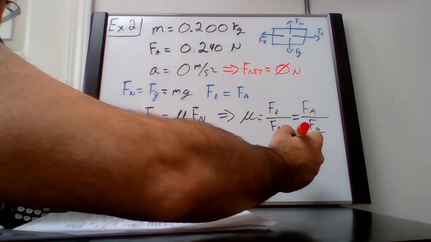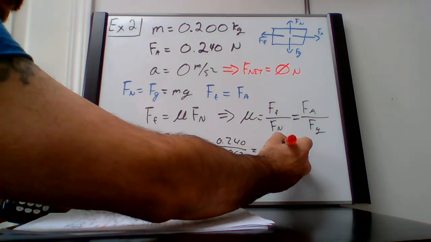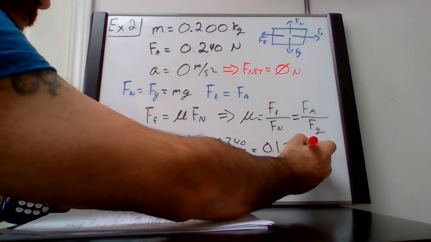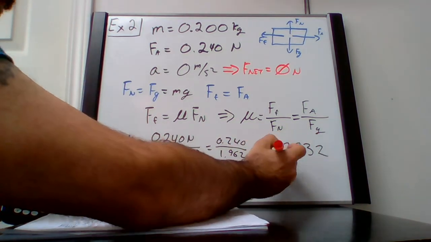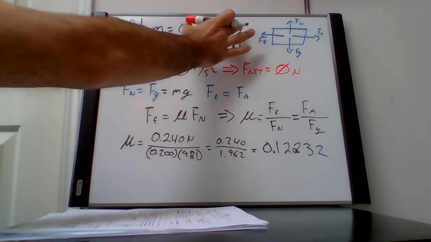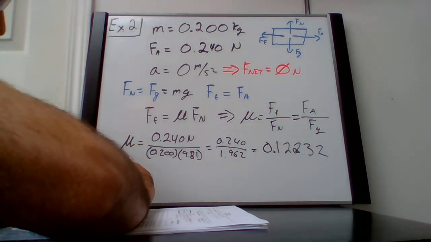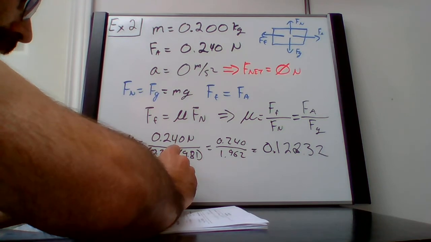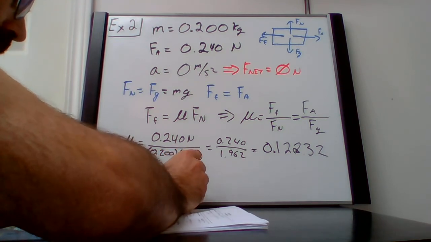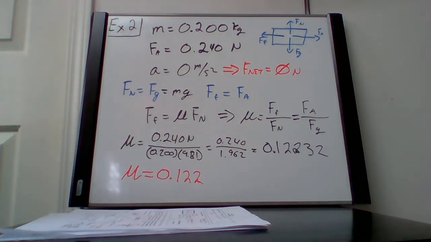And I end up with a coefficient of friction of 0.12232. If we go back and pay attention to sig figs, everything up here is in 3 sig figs. So our mu, our coefficient of friction for this surface of ice, is 0.122. And remember, no units.